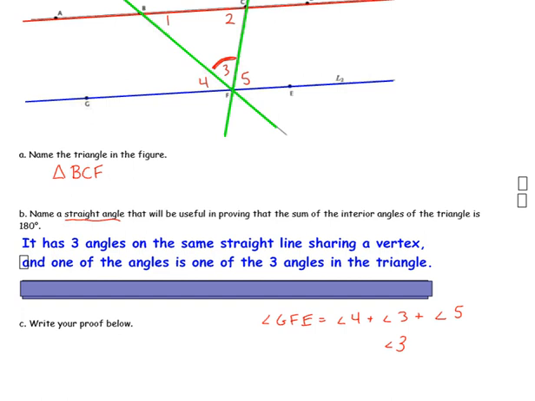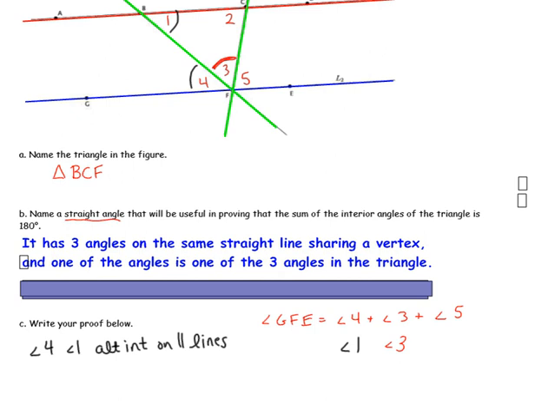So looking for angle relationships. Angle 1 and angle 4. These are called alternate interior, and they are equal in measure. Angle 4 and angle 1 are equal in measure. Why? Angle 4 and angle 1 are alternate interior on parallel lines, so we know that they are equal.